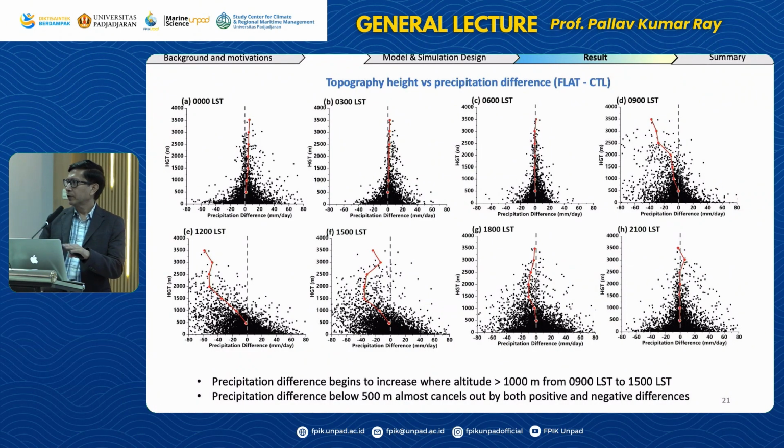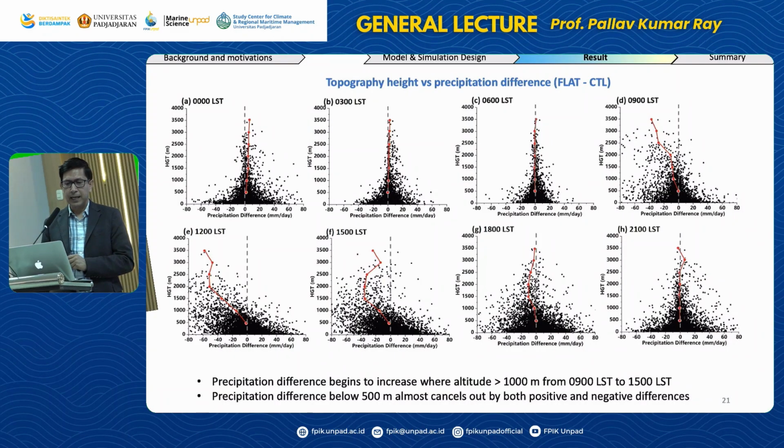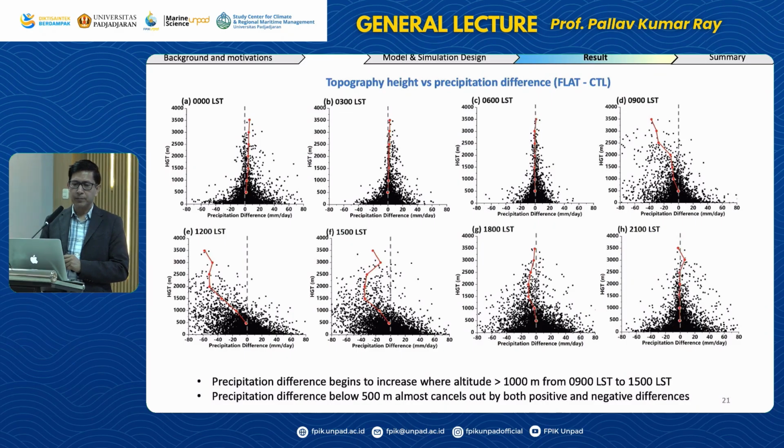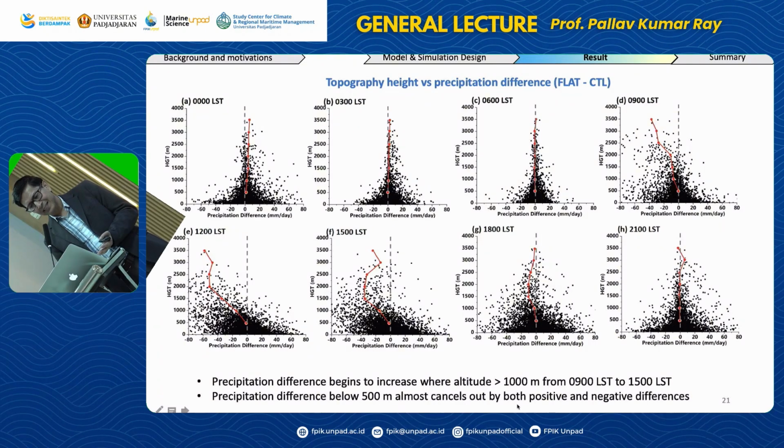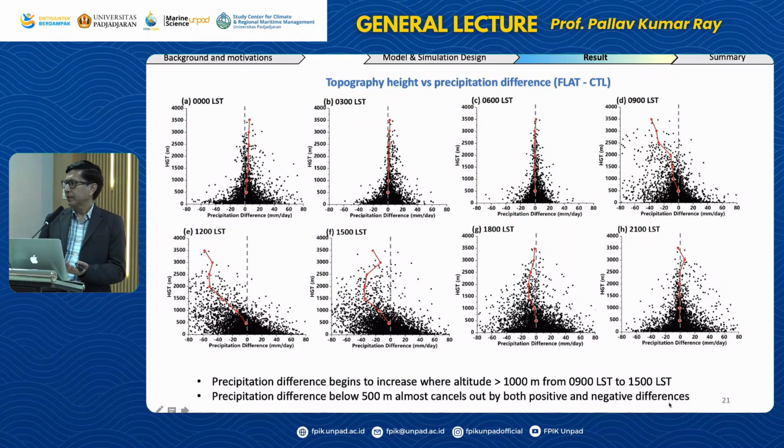So the topographic influence is really confined over the topography only, not the surroundings that much. As you go above 1,000 meters, those differences become much, much larger. And precipitation difference below 500 meters almost cancels out by both positive and negative differences, so basically there is not much of an influence.